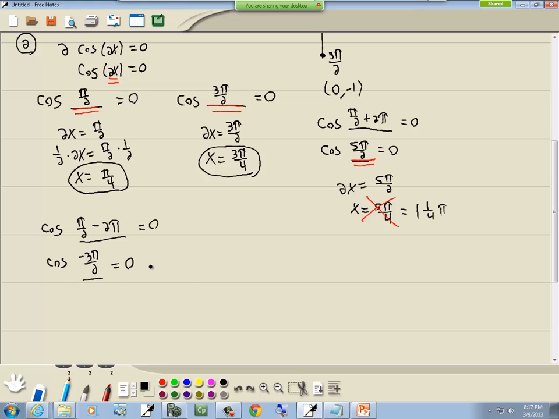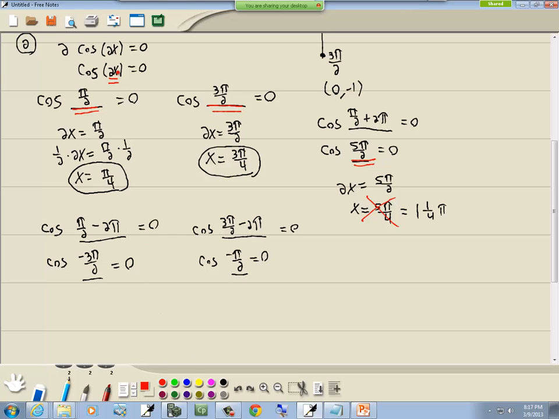That's also equal to 0. And if I take the 3 pi over 2, and we subtract 2 pi, that's going to give us negative 2 pi times 2 is negative 4 pi plus 3 pi gives me a negative pi over 2. Is also equal to 0.